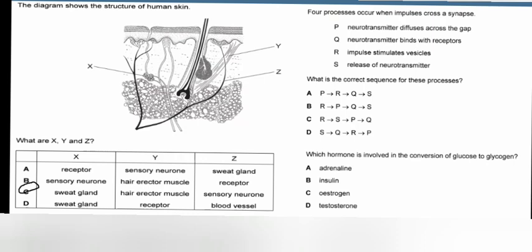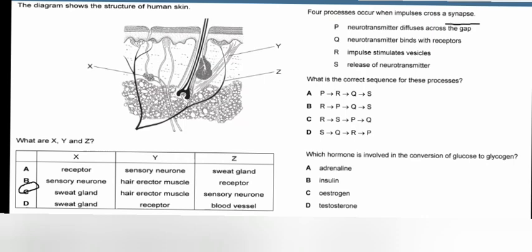The next question. Four processes occur when impulses cross a synapse. The synapse is just the gap in between two neurons. Neurons are not attached together; they have a space, and that space we call the synapse. So we have P, where the neurotransmitter diffuses across the gap.